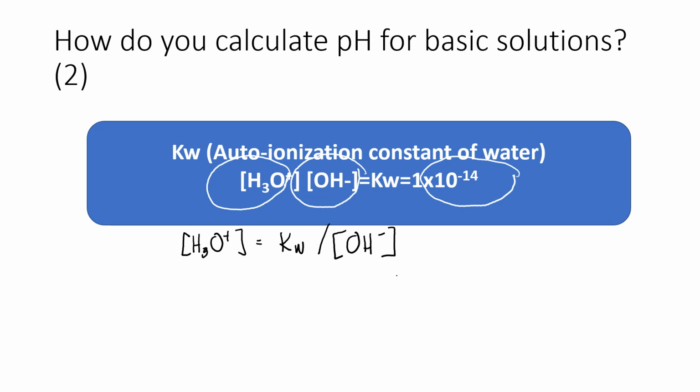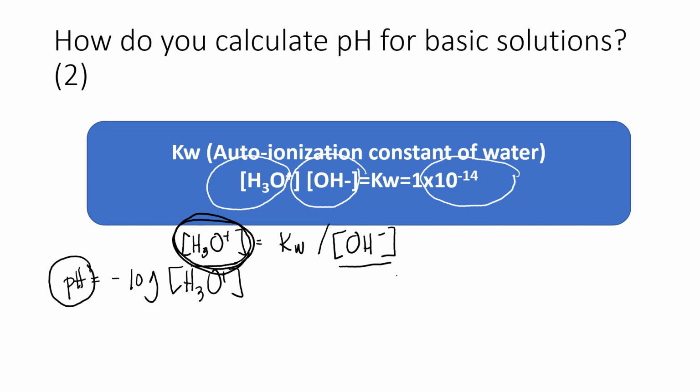And if you are given the hydroxide ion concentration, you can also get the hydronium ion concentration. So if you have the hydronium ion concentration already, you can use our first formula for pH, which is pH is equal to negative log of the hydronium ion concentration, to get the pH of the solution.